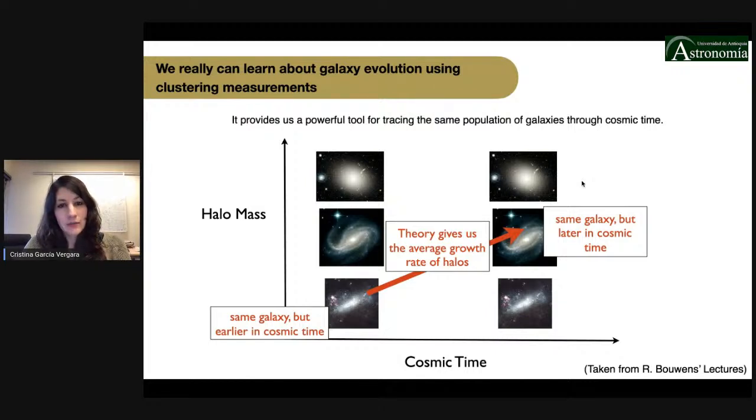Then I think I have provided a very convincing argument that we can constrain evolutionary links between different populations at different cosmic times just using correlation function measurements and models of the growth rate of halos.